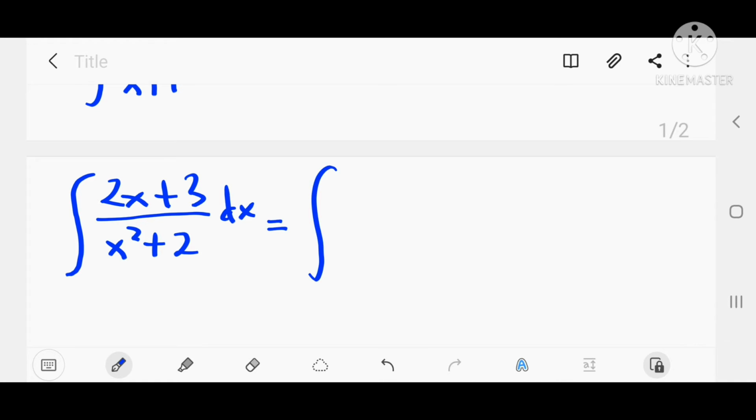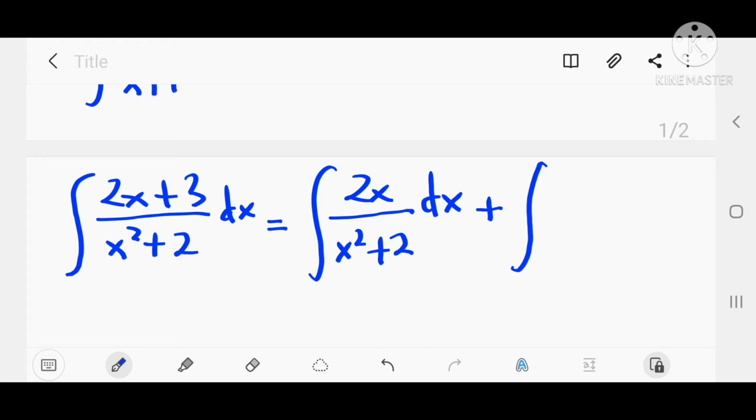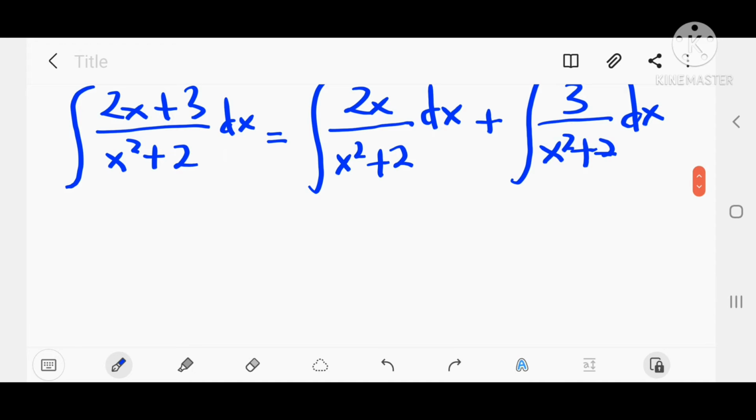So we have the integral of 2x on x squared plus 2 dx plus the integral of 3 on x squared plus 2 dx. With the first integral, we can apply the u substitution, and with the second one, we apply the trig substitution.